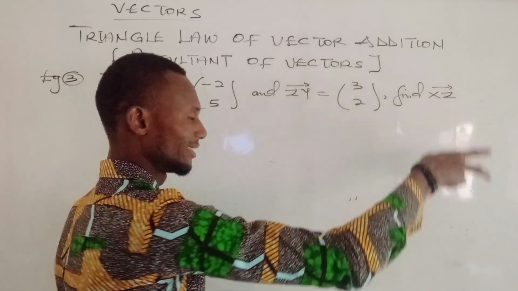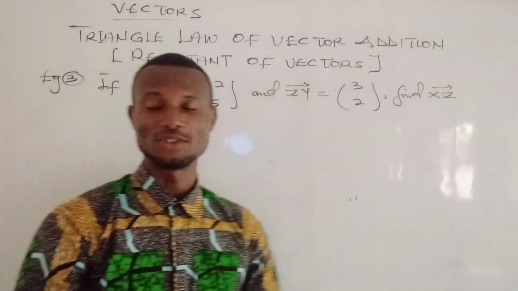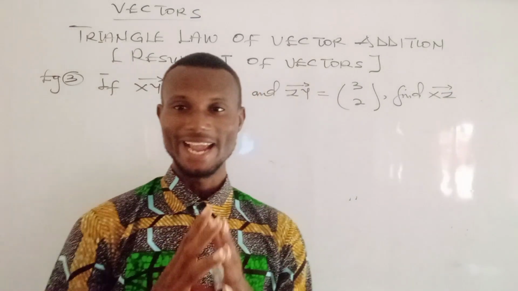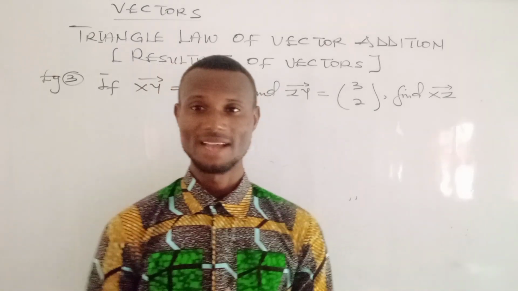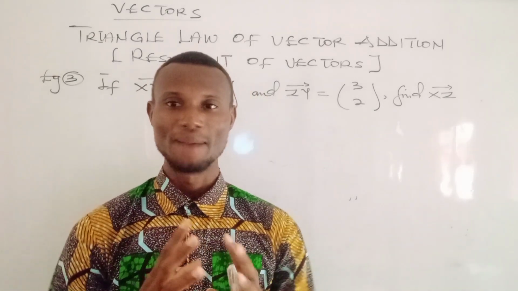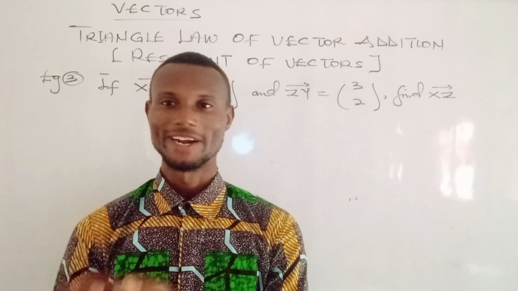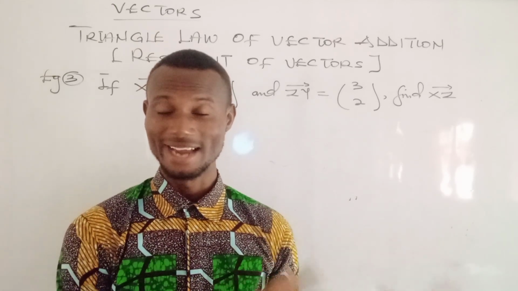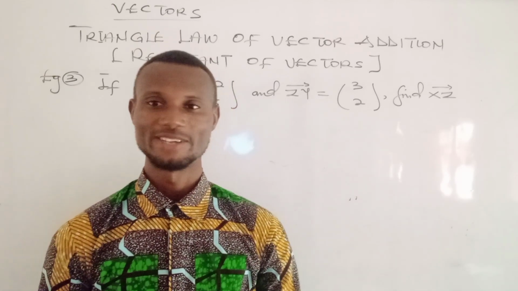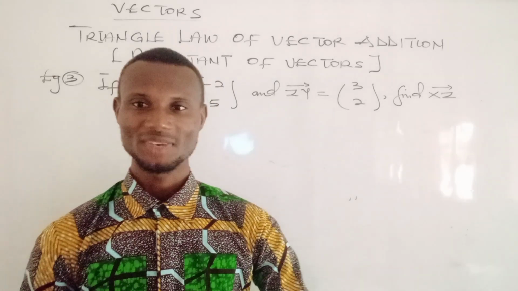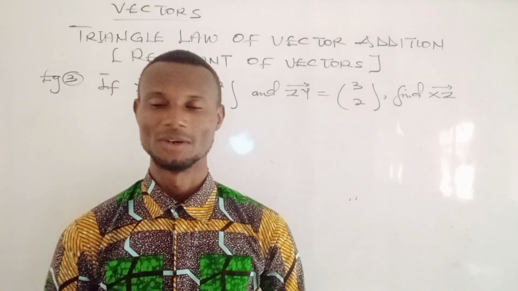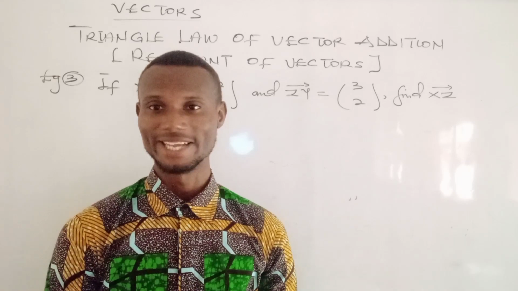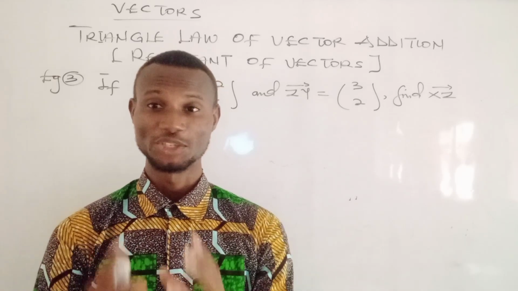vector SZ. So we are being asked to find the vector SZ, and as you can see, it's a question that demands that we apply the triangle law of vector addition. And I've explained to you a lot in the previous videos that anytime you have a question on the resultant of vectors, you need to draw the triangle.